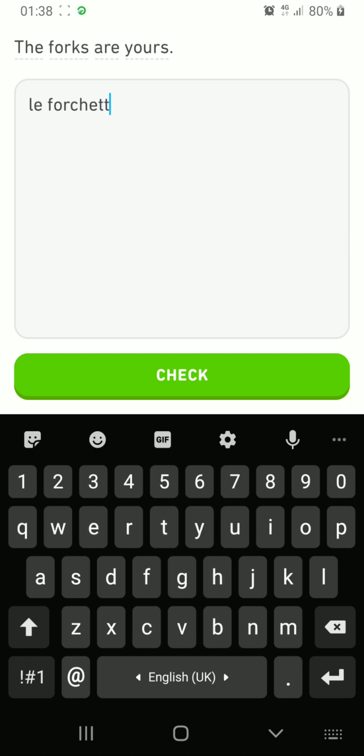Le forchette sono. So loro sono. How do you say it? Io sono, tu sei. So this is the verb essere. You can learn it. The forks are yours.